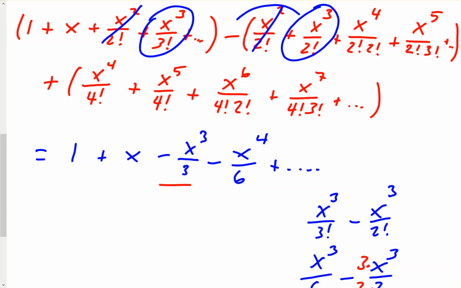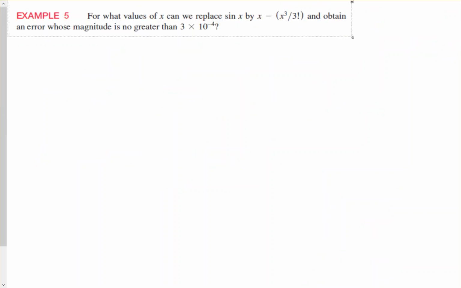Okay, so let's take a look at another example. For what values of x can we replace sine x by x minus x cubed over 3 factorial and obtain an error whose magnitude is no greater than 3 times 10 to the negative fourth? Okay. So we could start off by writing the terms of sine x, right?